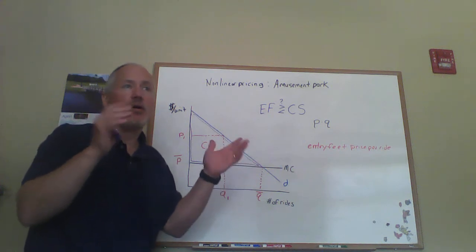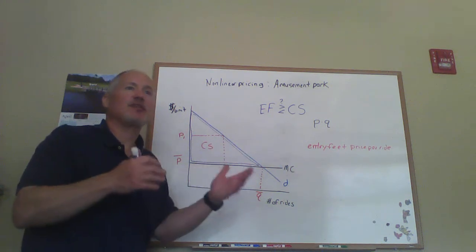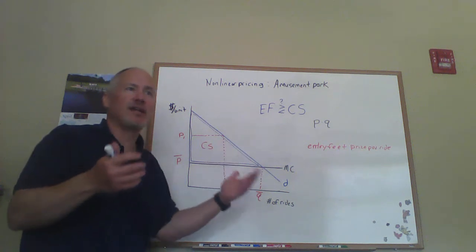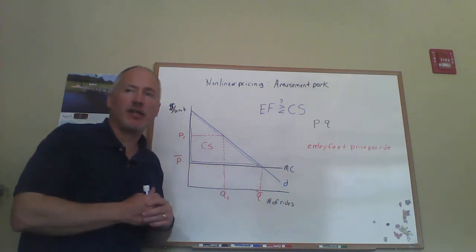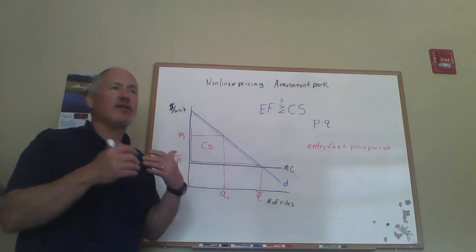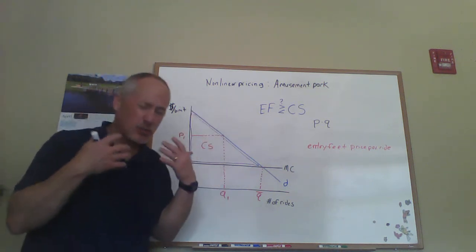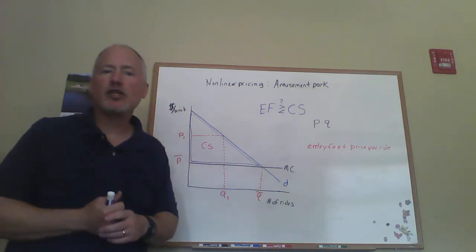That person might be willing to pay, say, $20 per ride, knowing they're only going to go on twice, and say a $75 admission fee to get into the park. So by having those two different pricing options, that's where you'd be getting into the actual price discrimination part of this.